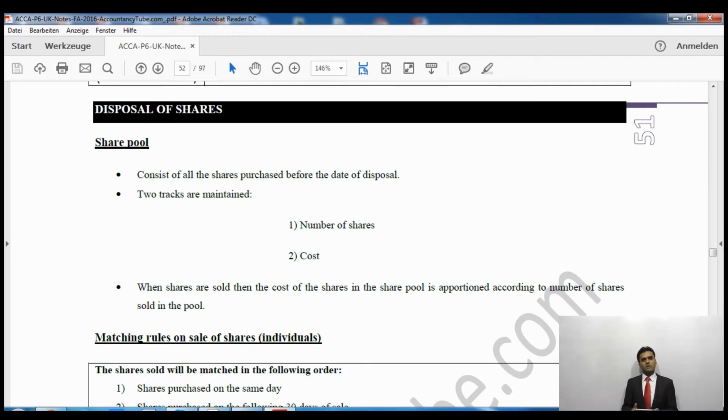That's why it is difficult to determine the actual cost of the shares I am going to sell. Now there is a certain way to calculate the cost, so that's what we will follow from the notes.